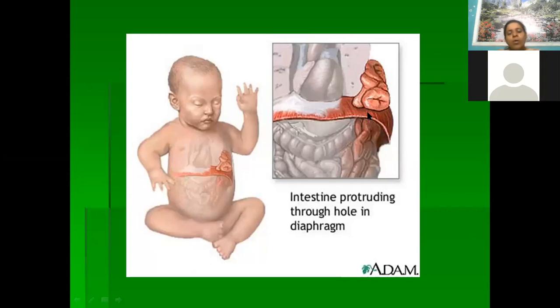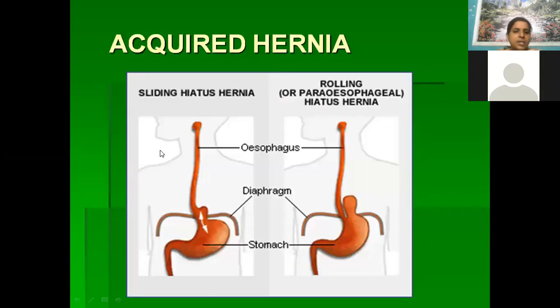If there is any hole like that, the loops of intestines which are supposed to be in the abdomen leak from this area and enter into the thoracic cage. And if the opening is quite big, the baby may die because of suffocation. The baby will not have any space in the thoracic cage for the lungs and heart if the hole is big. So that is a very dangerous condition.